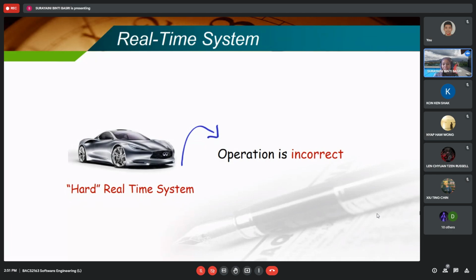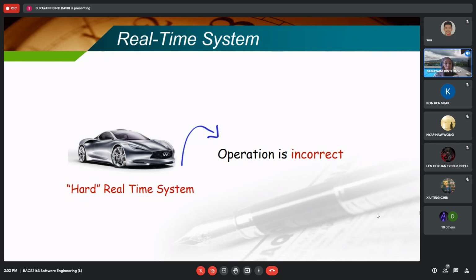It will cause incorrect behavior, or it will directly make the system get an error or fatal error if the result is not produced according to the timing specification, meaning it will be stopped immediately. For example, if it didn't get the sensor or the information at the specified time, then the system immediately produces an error.